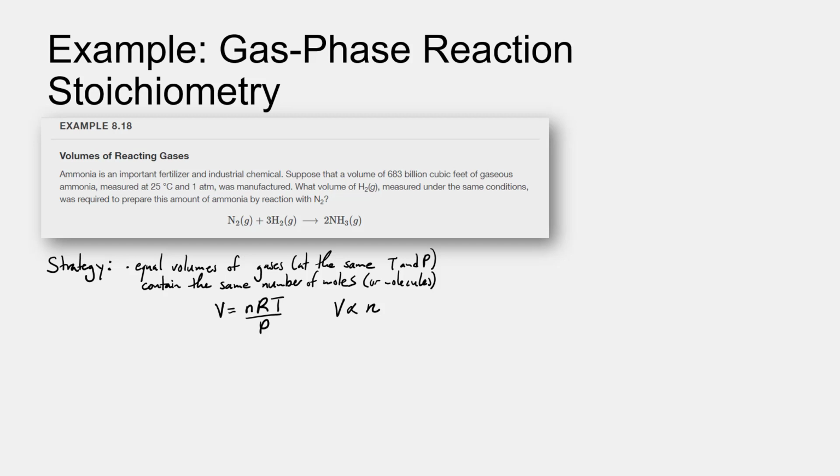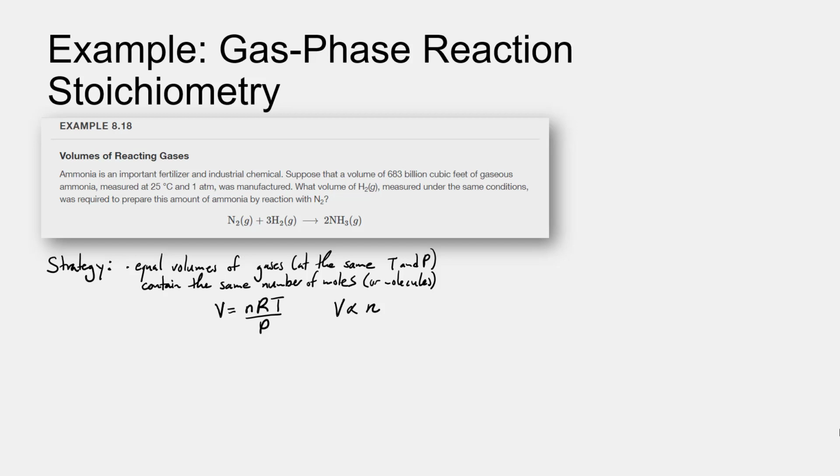And what that means is, as long as temperature and pressure aren't changing, volume is directly proportional to number of moles. V ∝ n is math speak for volume is equal to a constant times the number of moles, as long as temperature and pressure aren't changing.